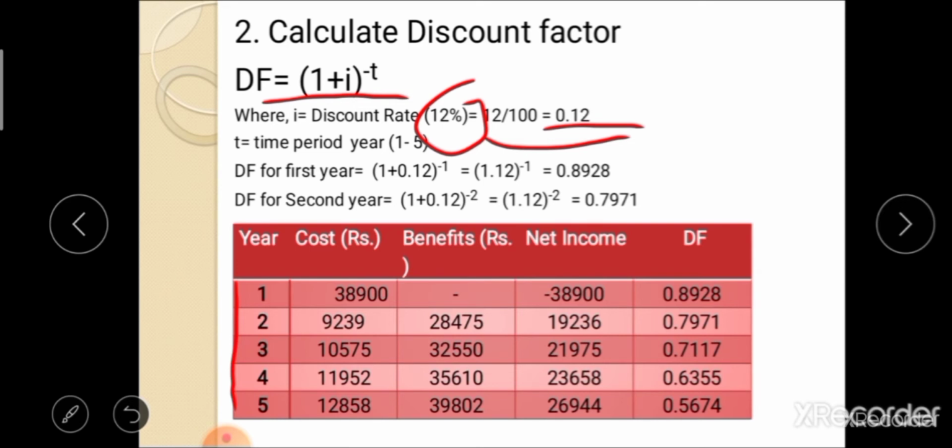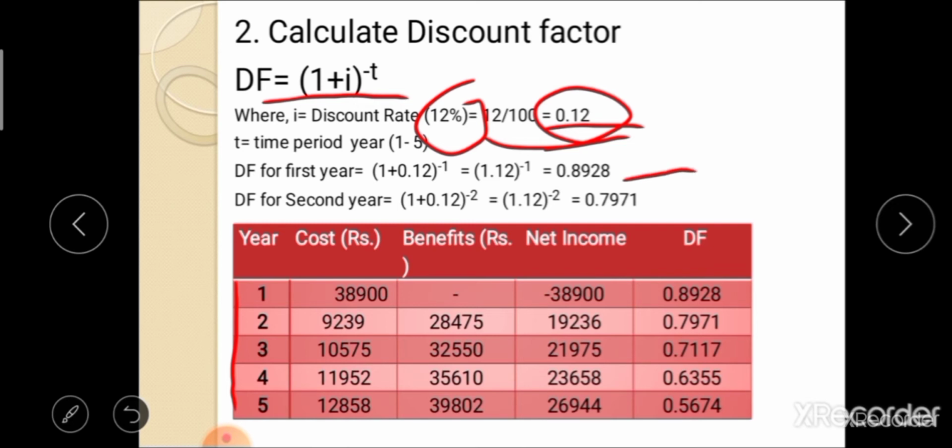The discount factor for the first year can be calculated by putting values: 1 plus discount rate, that is 0.12, raised to minus 1 for the first year. By solving this bracket, your final answer is 0.8928. This is the discount factor for the first year.